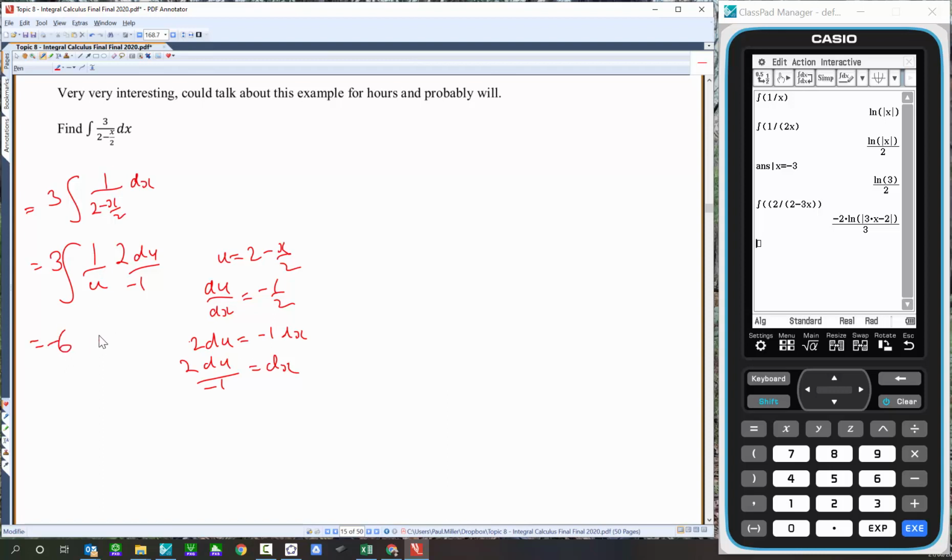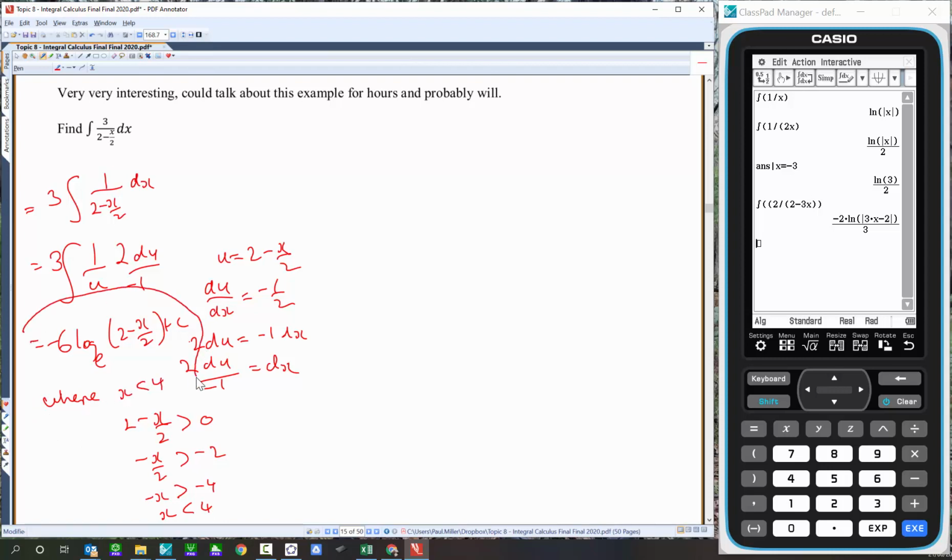This is going to be 1 on u, which is log e. Now u is equal to 2 take x on 2 plus c, where 2 take x on 2 must be greater than 0, so -x on 2 greater than -2, -x greater than -4, x less than 4.